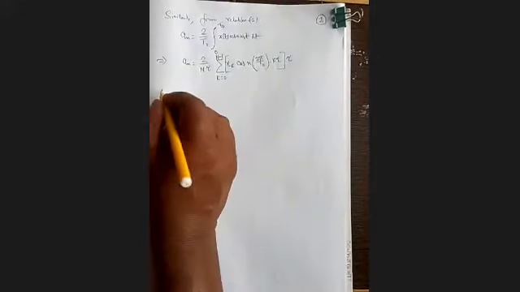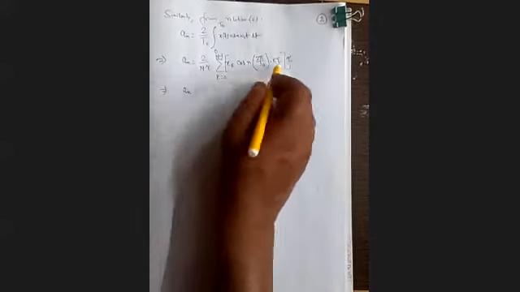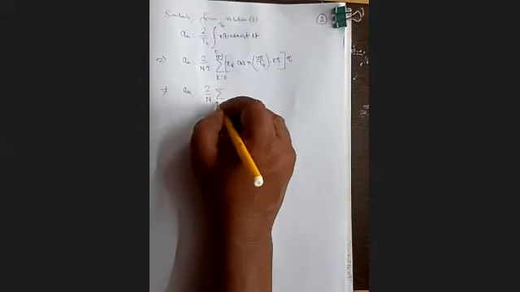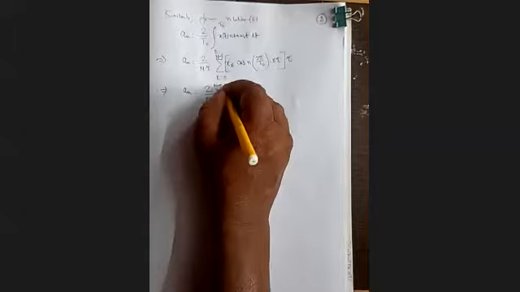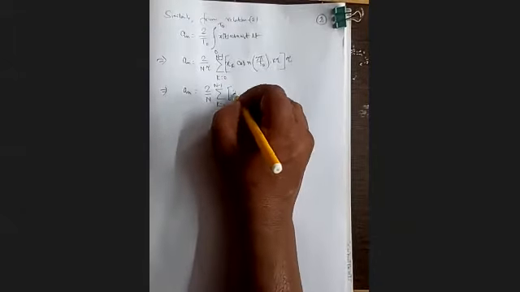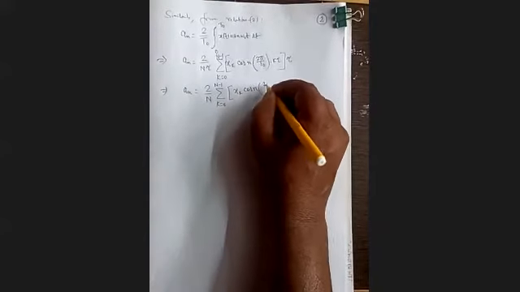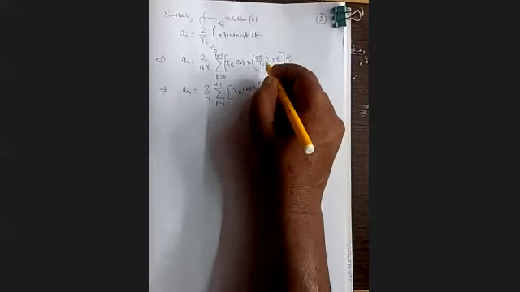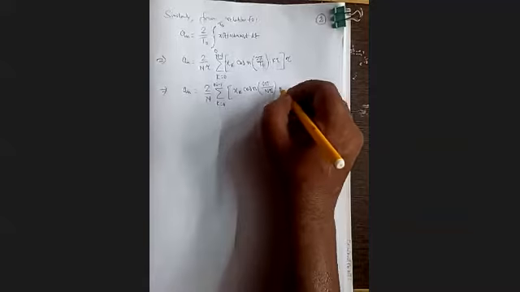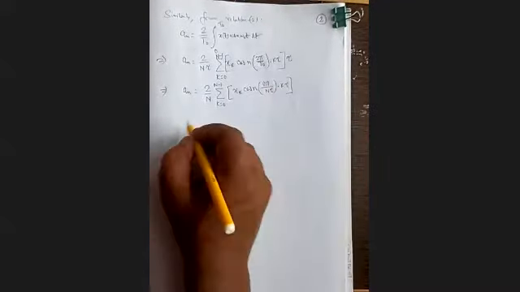Right? Therefore, this tau and that tau cancel each other. So it will be 2 by n summation, k varying from 0 to n minus 1, of xk cos(n 2 pi by T0 ...). T0 means n tau, into k tau, and this tau vanishes already.